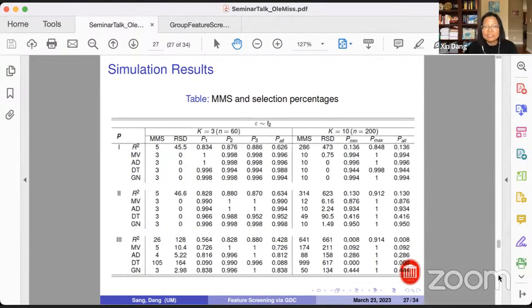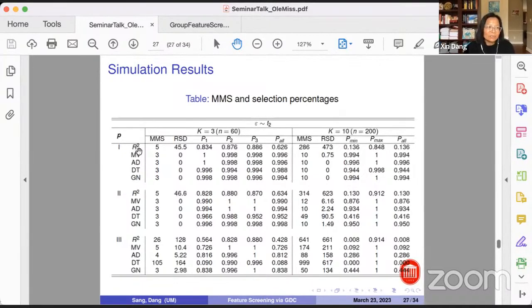For the second setting, you can think R square will fail, which is what we show here. For k equals 3, they have 5, 26, because of the heavy tail.